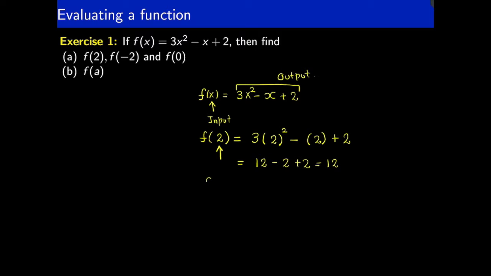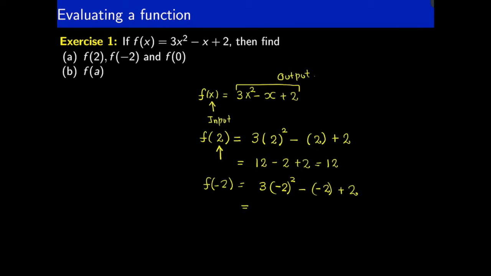Let's do one more problem. If I have negative 2 in place of 2, again I create a placeholder for my x, and wherever I see the x, I'm going to replace it by negative 2. This time it's a negative 2.